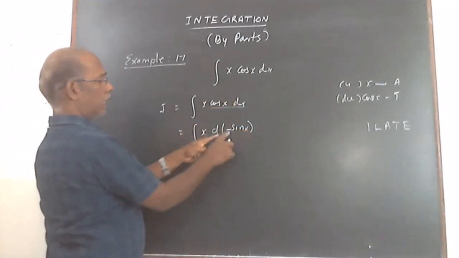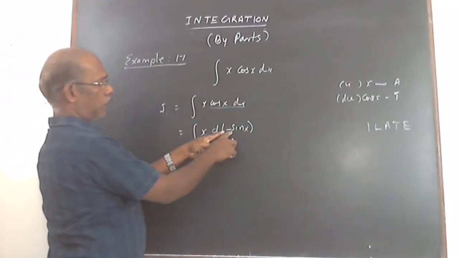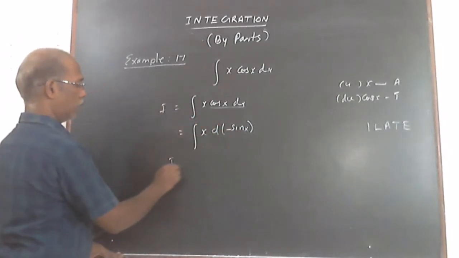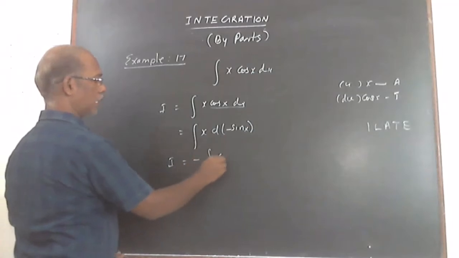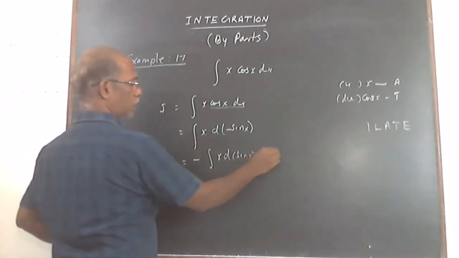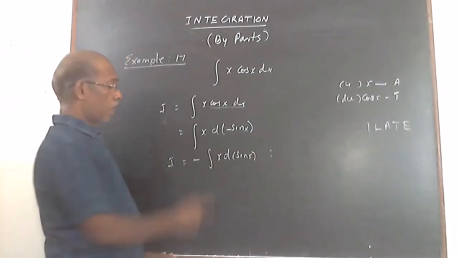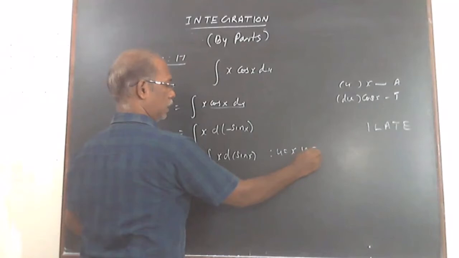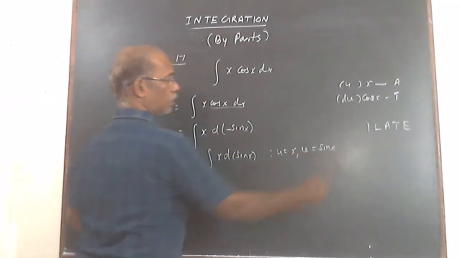Now within the bracket, any real coefficient we can take out. Now I equals x d of sin x. Dear student, for your convenience, u is taken as x and v is sin x.